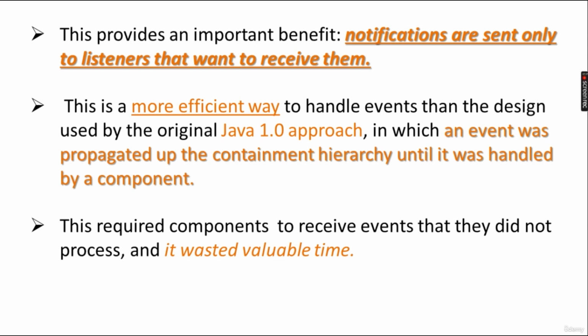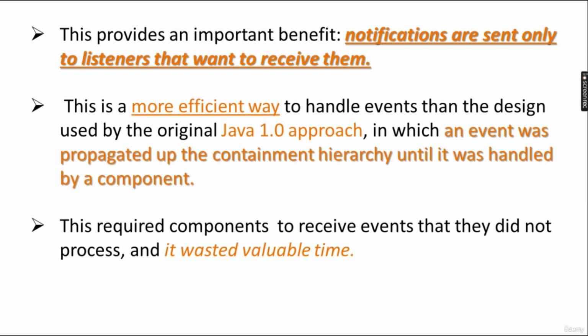So not all listeners will receive the notification of an event. Only the listeners that are interested that some event is happening or coming will receive the notification. This is a more efficient way to handle events. In short, only those listeners who have registered with the source will have the notification of the event, not all of them.